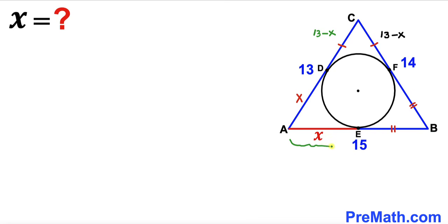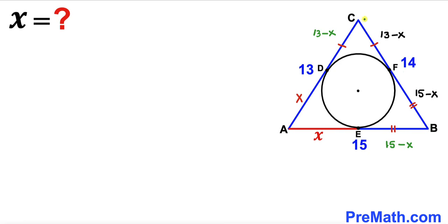Now let's make another observation. We know that this segment AE is X, and we know this whole side length AB is 15. Therefore this remaining tangent segment EB is going to be 15 minus X. And since these two tangents EB and BF are congruent, we conclude that this segment BF is 15 minus X as well.